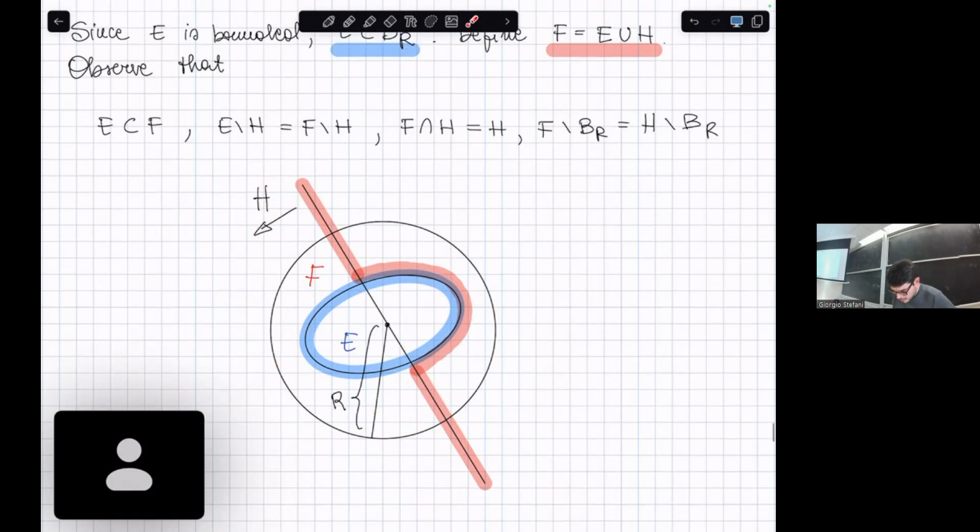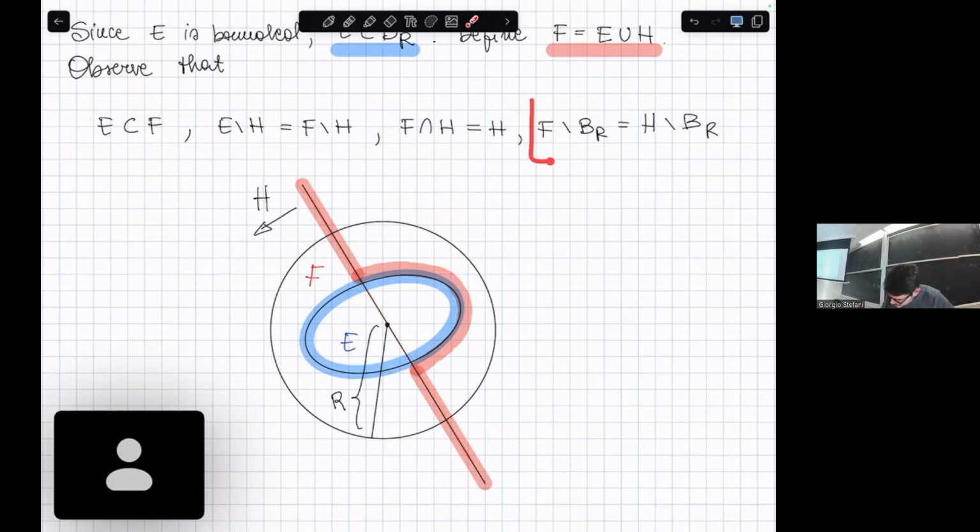So let's look at the picture. First, E is contained in F. Here. The part of E outside H coincides with the part of F outside H. And precisely it is this part here. Right? Then I have this other piece of information. F intersected with H is H. Sure, it is.